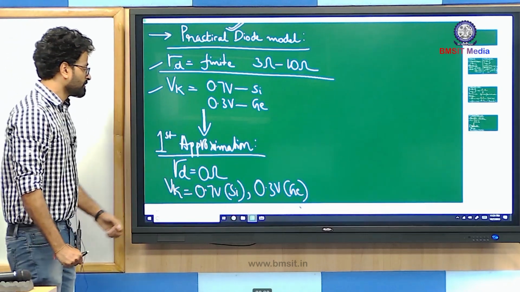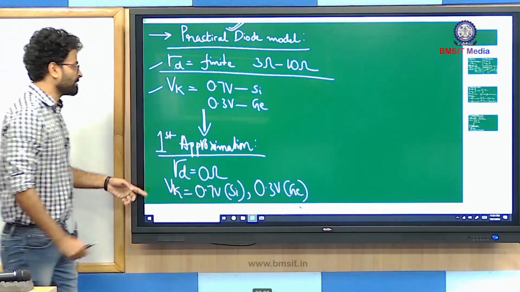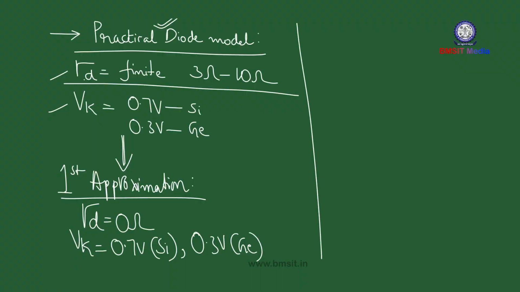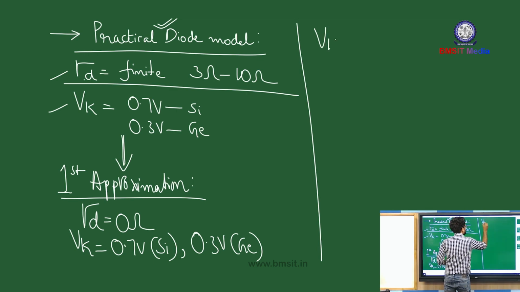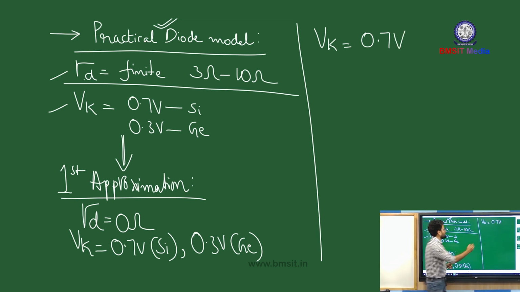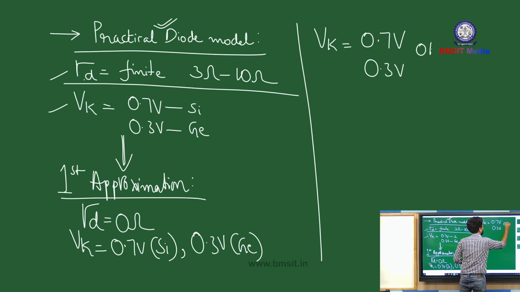Okay, so in our first approximation model, we are going to just consider Vk. Now, as you can see, Vk is a fixed voltage, 0.7 volts or 0.3 volts. So that's the reason this Vk can be considered as a DC source.